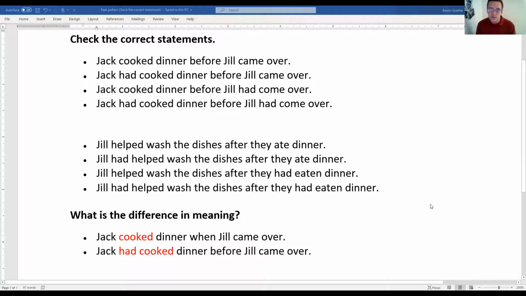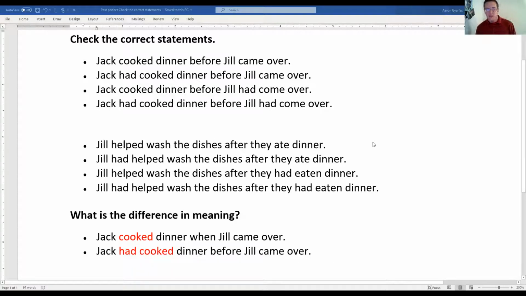And then in the fourth, Jack had cooked dinner before Jill had come over. Also, this is no good because I have two verbs. Both verbs are in the past perfect. I only need one verb in the past perfect to tell me that came first. The other verb needs to be in past simple. So I cannot have two verbs in the past perfect like this, right? It doesn't help me out.